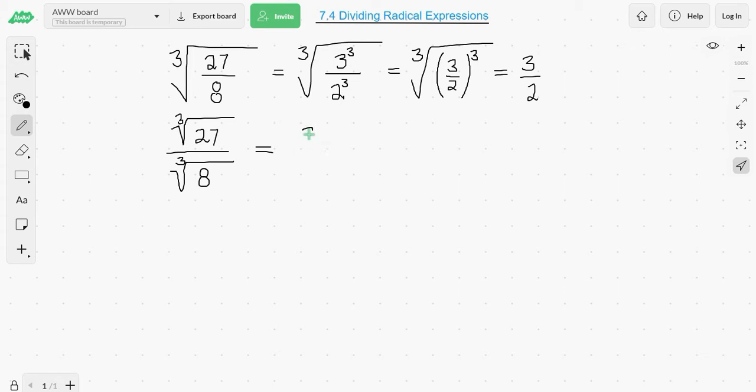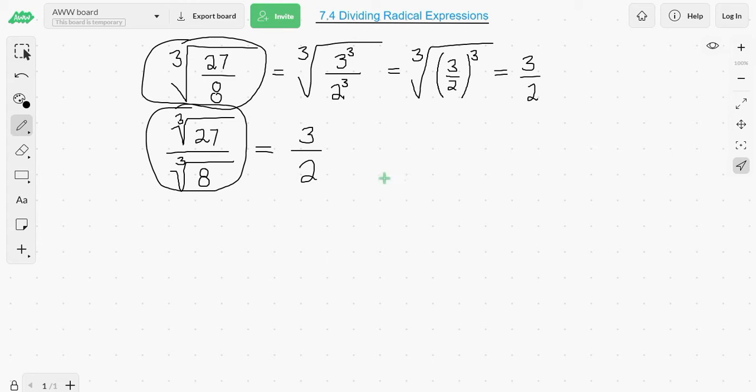The top gives us 3, as we know from before. The bottom gives us 2. So notice that we got the same answer when computing this and this. So that implies that these two are the same. There's some rule happening here, and we can capture it.